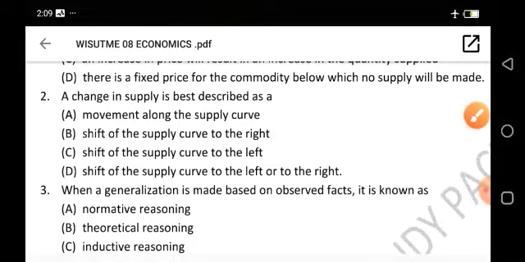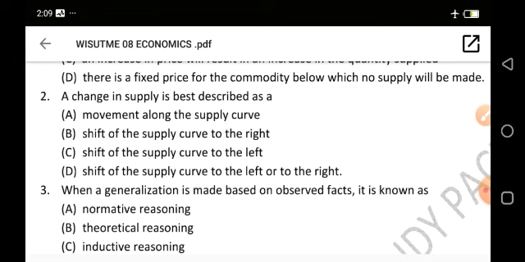A change in supply is best described as... if you remember, under the topic supply, we have change in supply and change in quantity supplied. And I told you then that there are factors responsible for these changes.